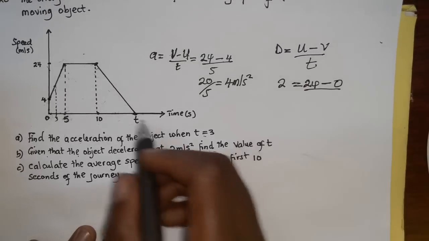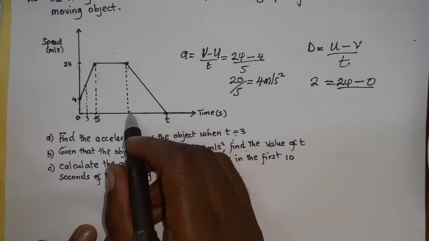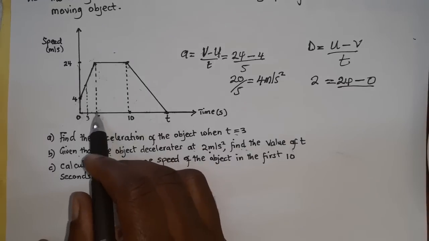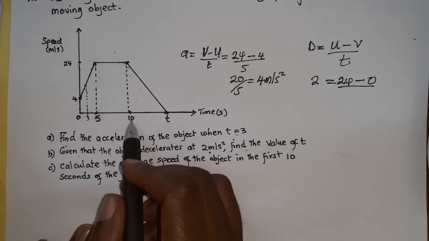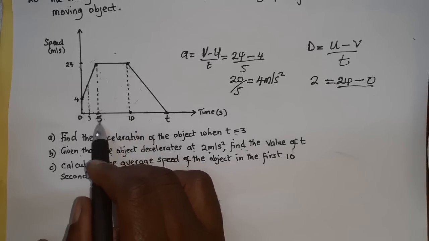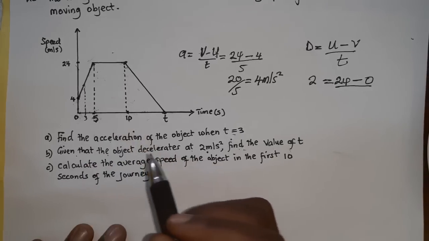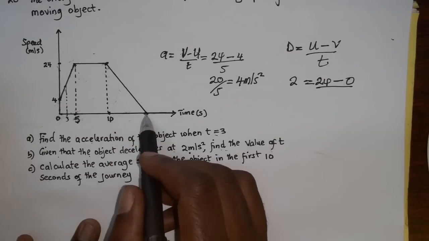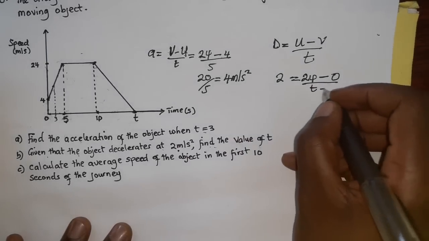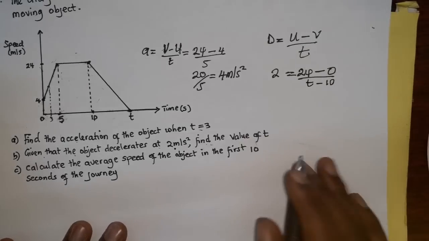For instance, if you want to find the time difference from 5 to 10, we usually say 10 minus 5. So even in this case, to find the time here, we are going to say t minus 10.